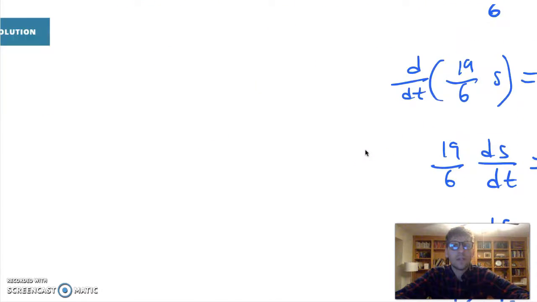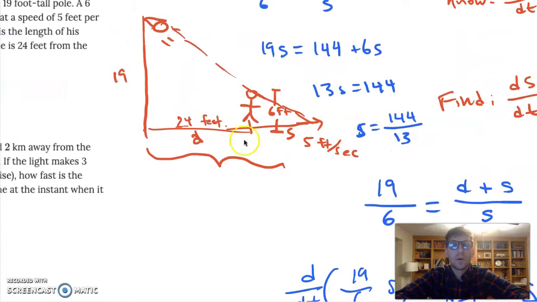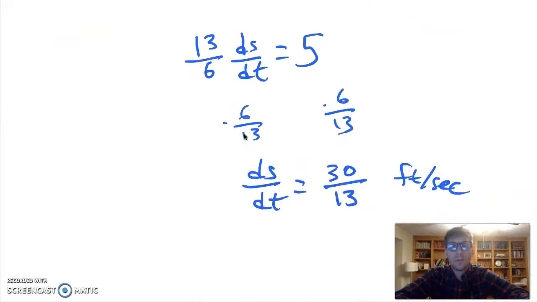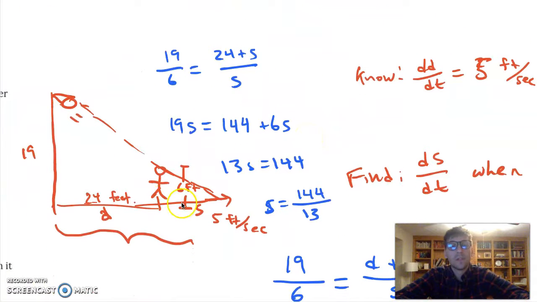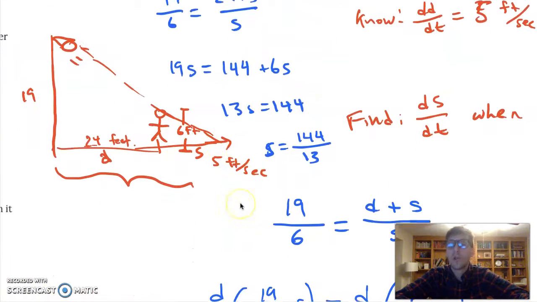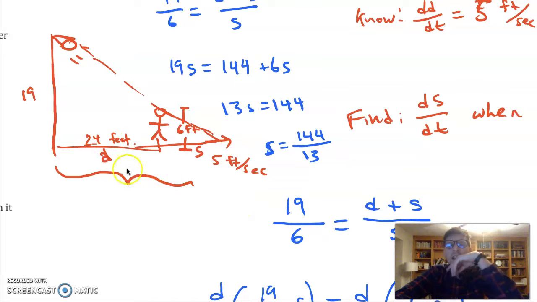So if we look here at this diagram, as you walk this way at 5 feet per second, this is changing at between 2 and 3 feet per second. Interesting. That's how much your shadow is growing at that exact instant where that distance is 24 feet.